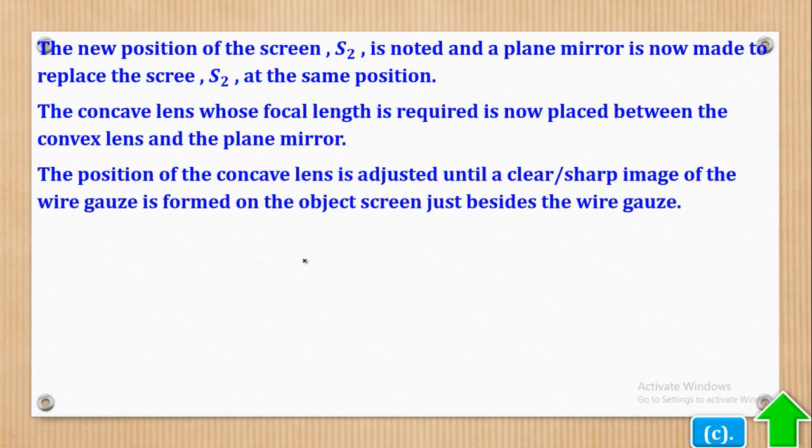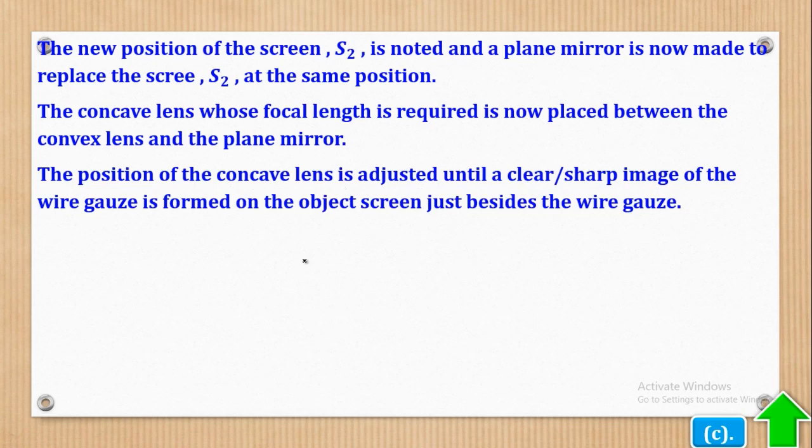The position of the concave lens is adjusted until a clear image of the wire gauze is formed on the object screen just besides the wire gauze.